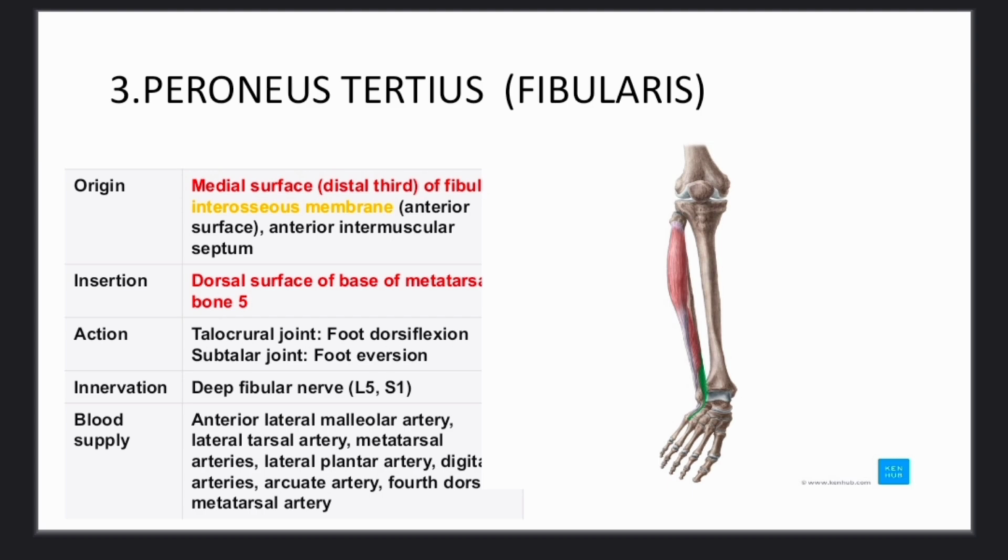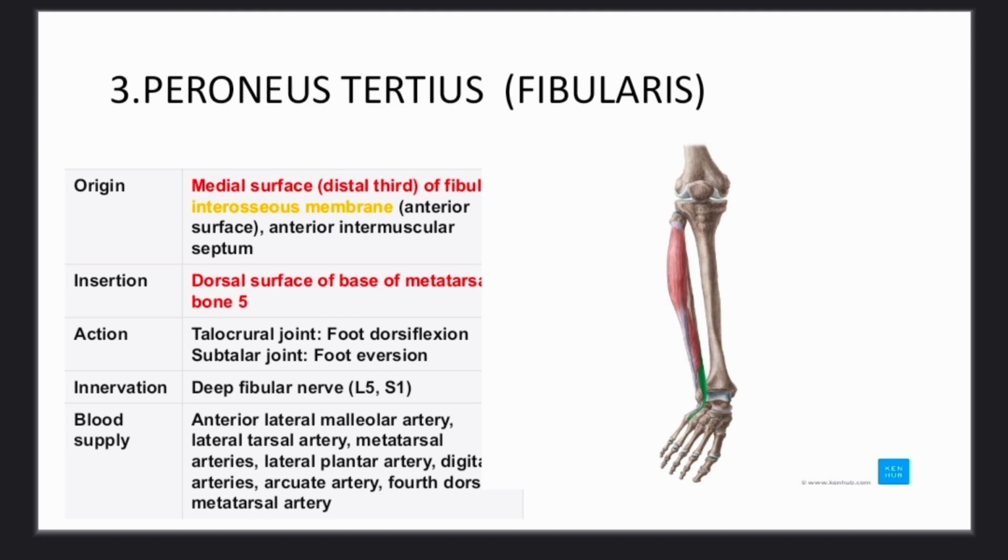Okay. Origin. The muscle originates from the medial surface of the fibula and the interosseous membrane. Insertion. It is inserted onto the dorsal surface of the base of the fifth metatarsal bone. So action, at the talocrural, that is ankle joint, it causes dorsiflexion of the foot. At the subtalar joint, it helps in the eversion of the foot, that is turning the sole outward.